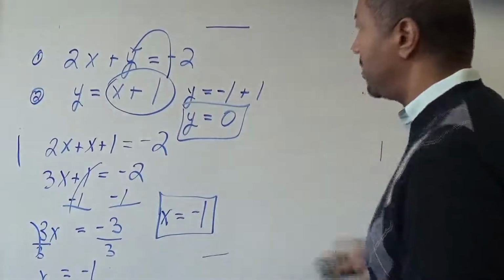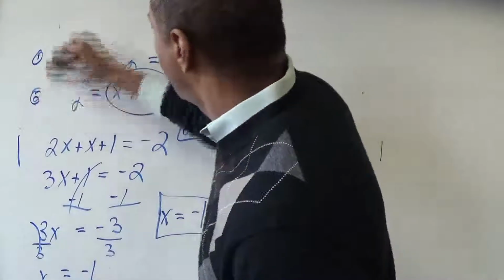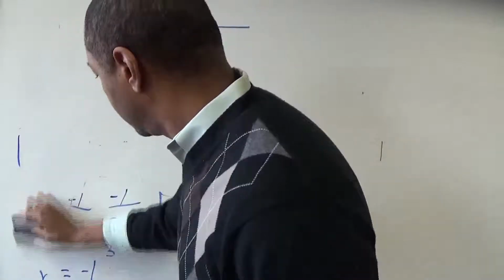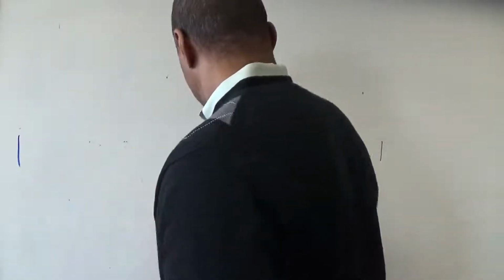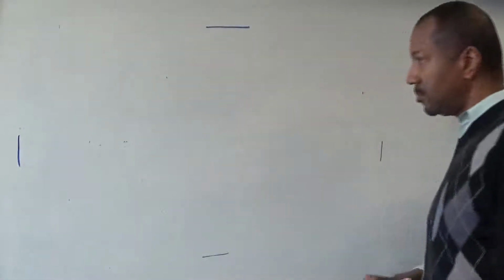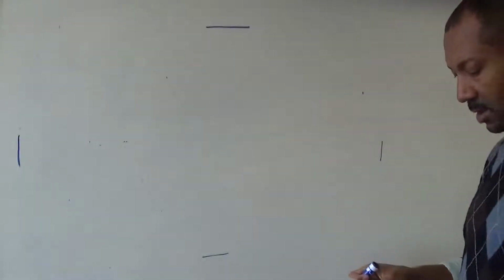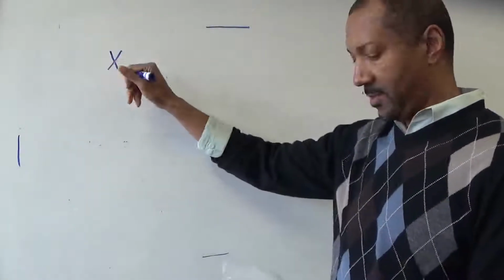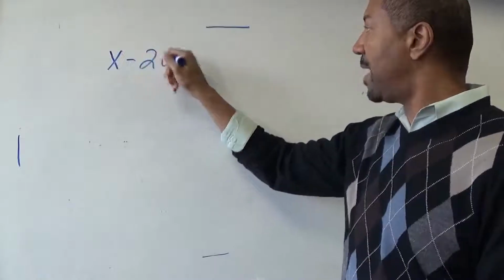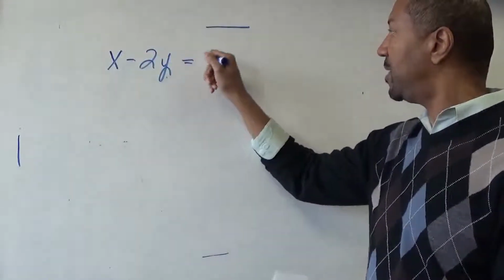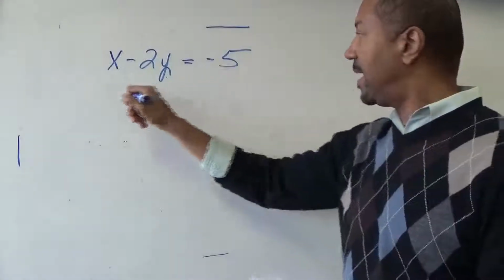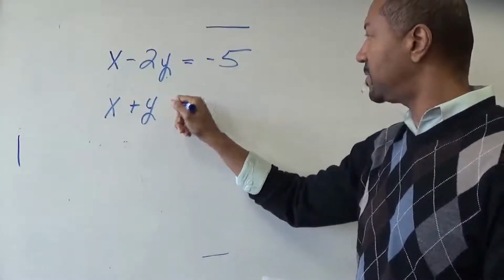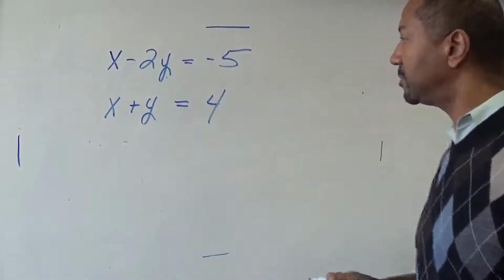Let's go ahead and try another one. All right, let's go ahead and work with x minus 2y is equal to -5, and x plus y is equal to 4.